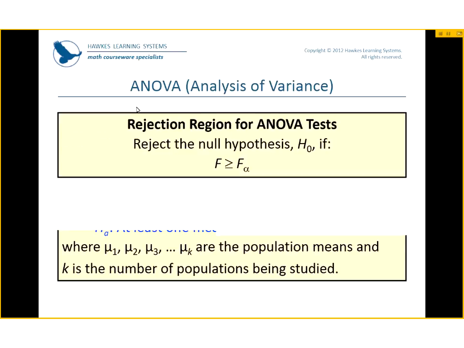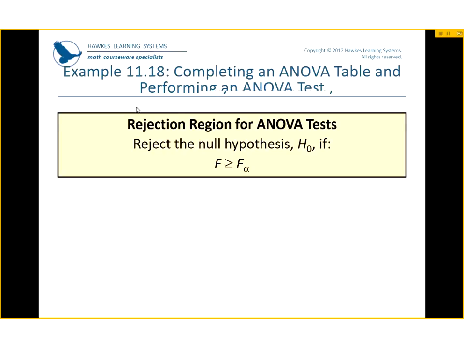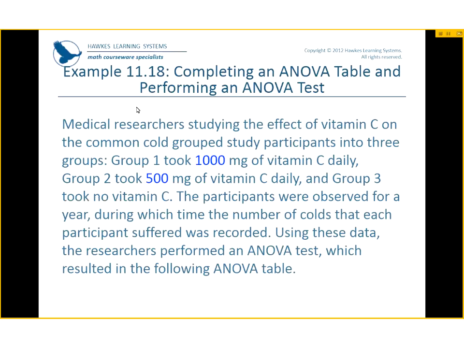Okay, so rejection rules for ANOVA: we reject the null if F is greater than or equal to F significant, or alpha as we call it, the critical level of F.